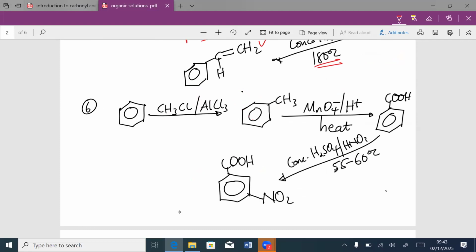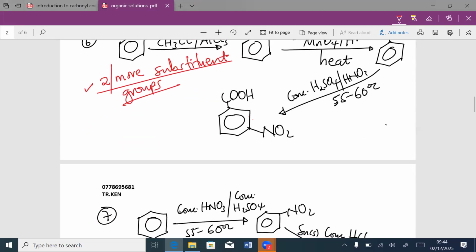Now whenever you're having two or more substituent groups on the benzene ring, as I remember teaching last holiday, it's important for us to know which groups are 2,4 directing and which groups are 3 directing.